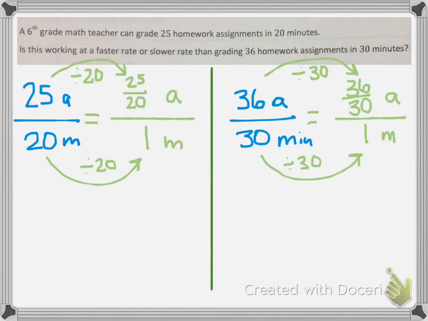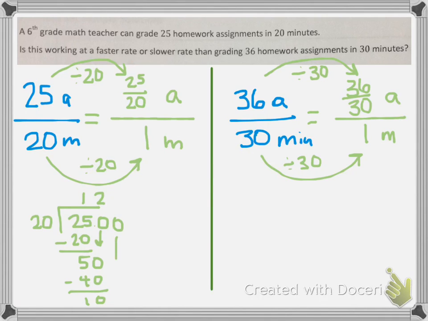Well, this is just a division problem. It's 25 divided by 20. 20 goes into 25 once. 1 times 20 is 20. Subtract, I get 5 left over. Add a decimal and a 0 and bring it down. And now I can see that 20 goes into 50 2 times. 2 times 20 is 40. Subtract, I get 10.